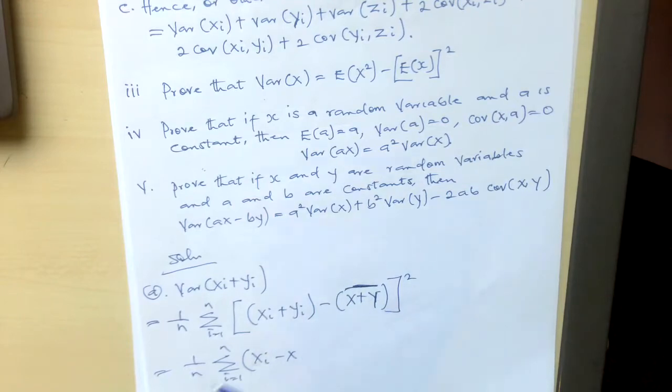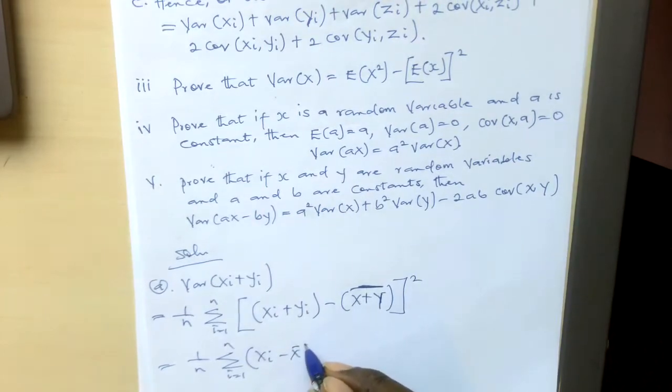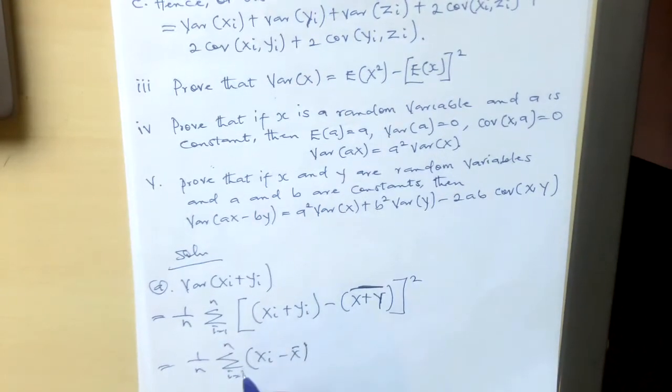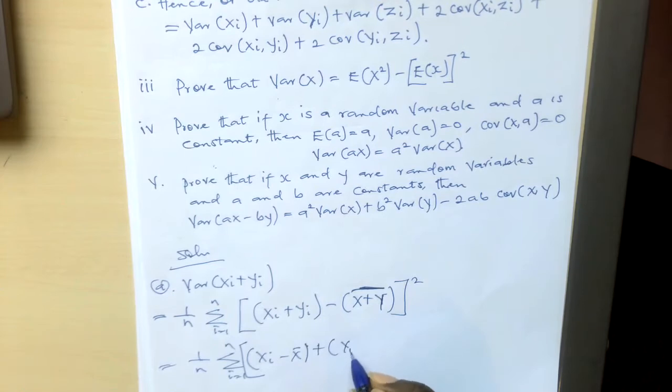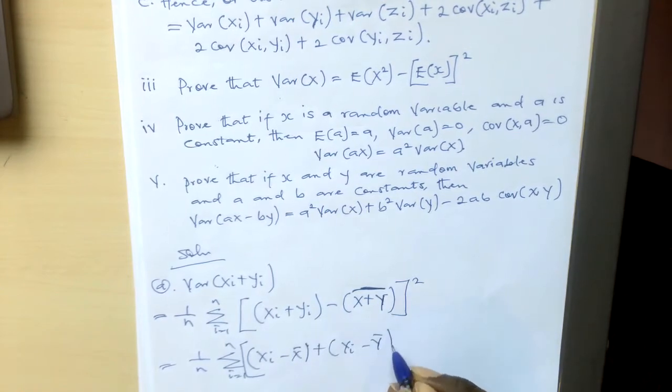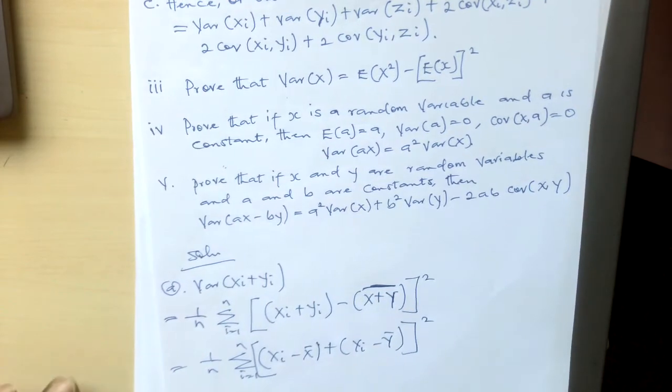We need to have the bar here because the variance is deviation from the x bar, right? So x bar, plus yi minus y bar, all squared. Now we have collected like terms.